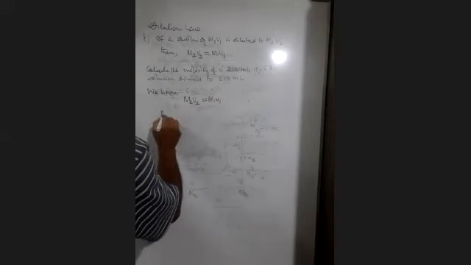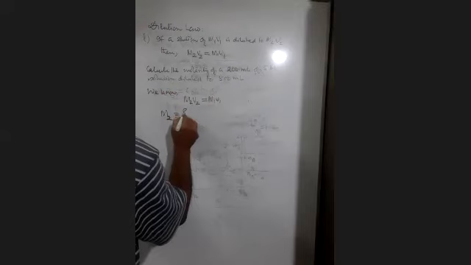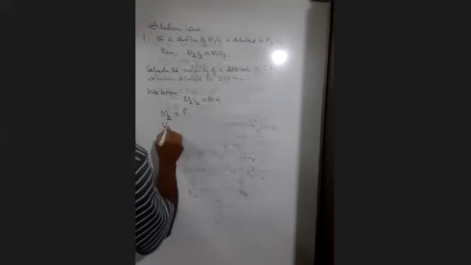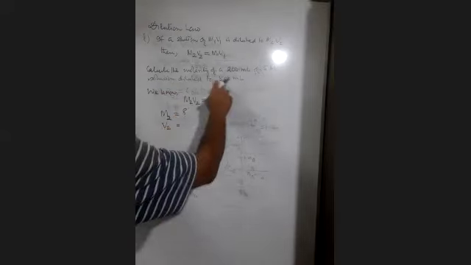So what you are going to do? You will write, we know M2 V2 is equal to M1 V1. See, M2 you are supposed to find, so that you do not know. What is V2? What is the final volume? 500 ml.